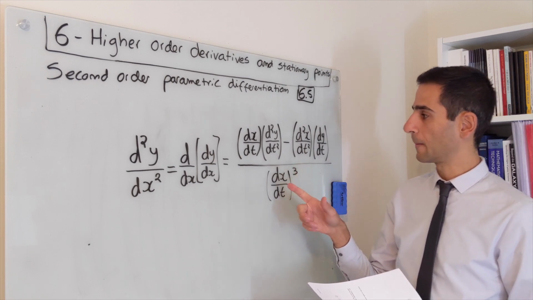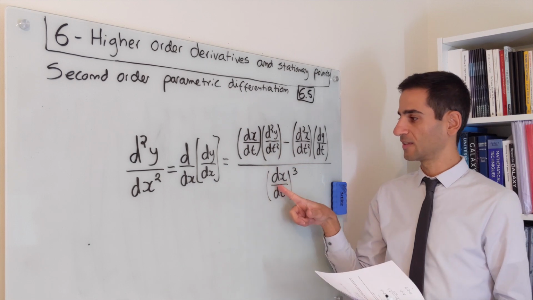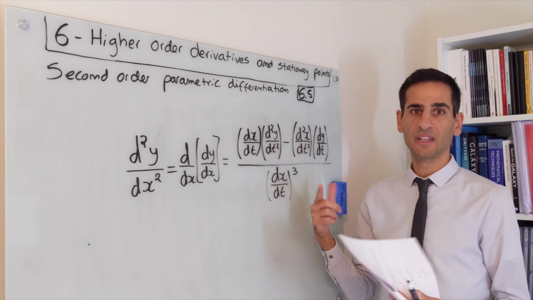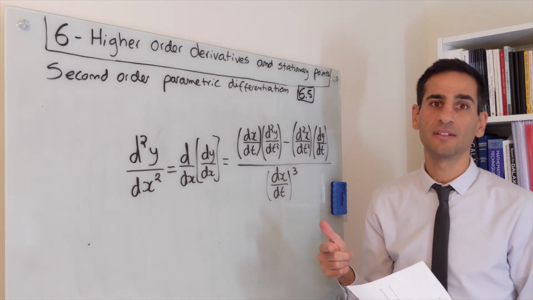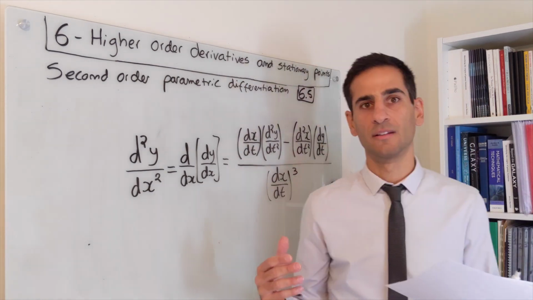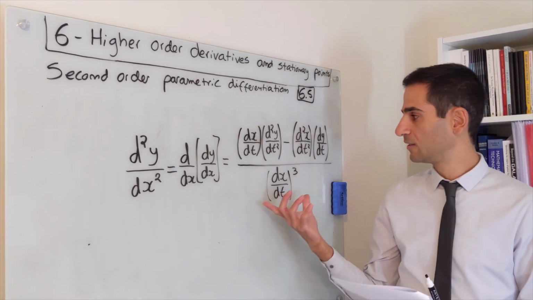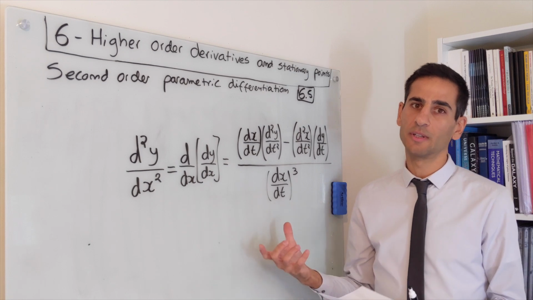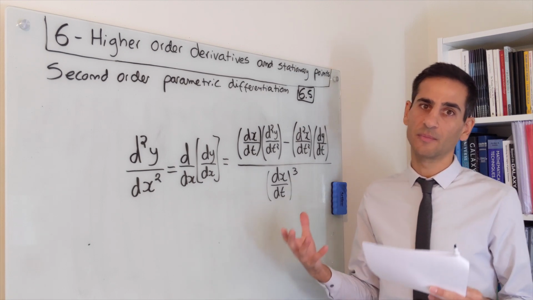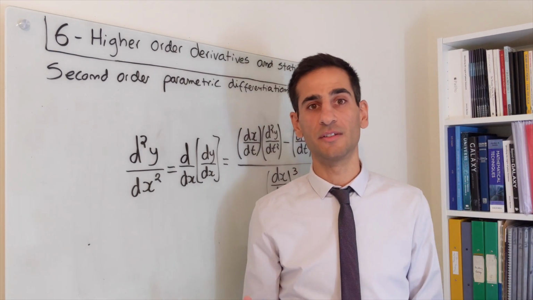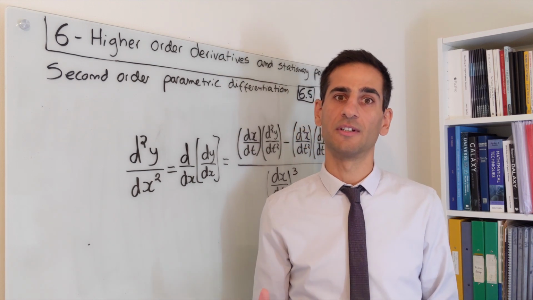In the previous example, one of these terms was the same as the dx/dt, and therefore we were able to cancel out, but this is not always the case. The important message though is that you don't need to memorize this formula. You can if you want to, but you can always get there by using the simpler differentiation rules.